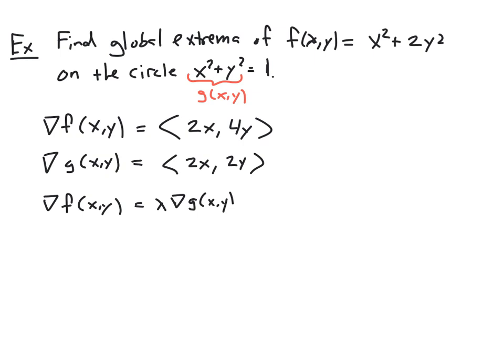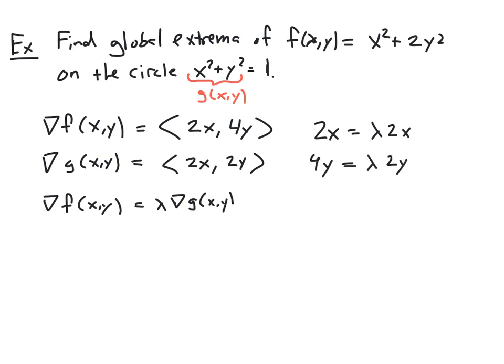And so we can split this up into a set of 3 equations. If we compare the first component, we see that 2x is going to equal lambda times 2x. This is from setting the first components of our vector equation equal to each other. The second component is going to yield 4y equals lambda times 2y.